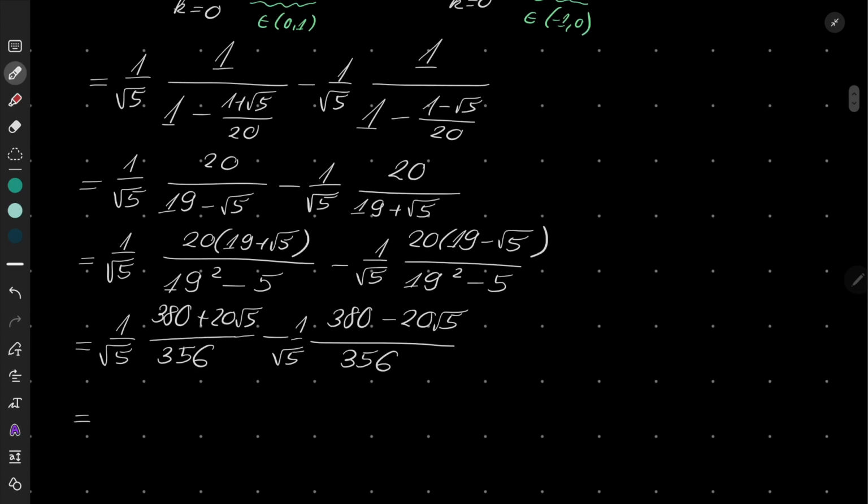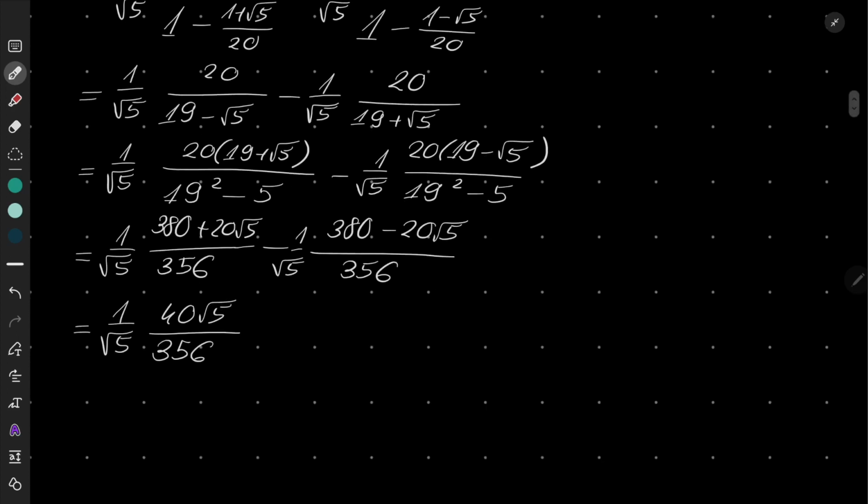Now, 380 minus 380 disappears. So we have 20 square root of 5 plus 20 square root of 5. So it's 40 square root of 5 over 356.